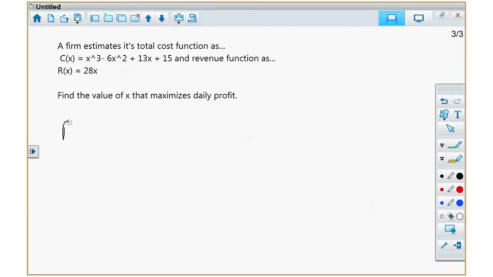So P of X is equal to 28X minus X cubed minus 6X squared plus 13X plus 15.